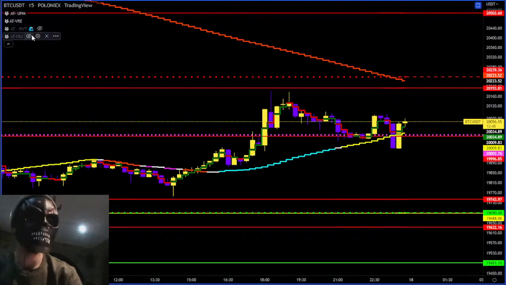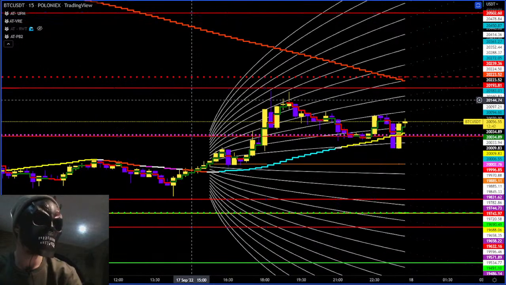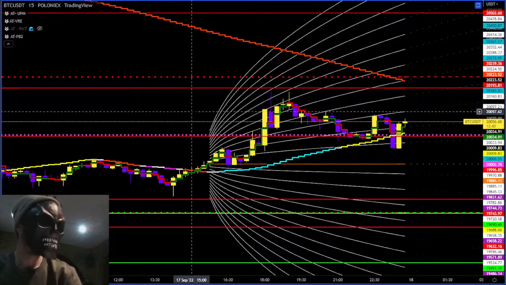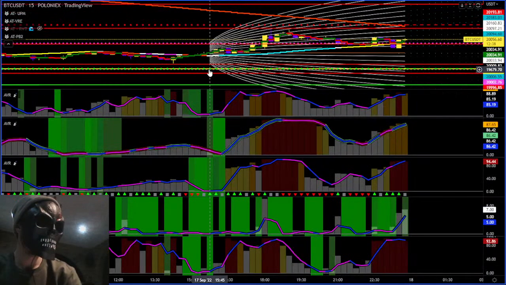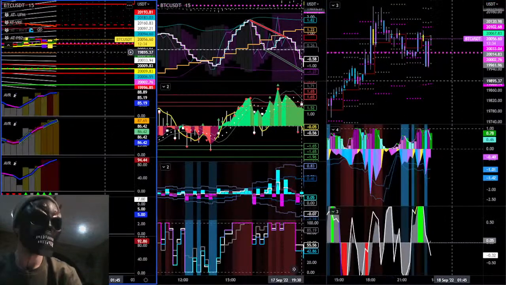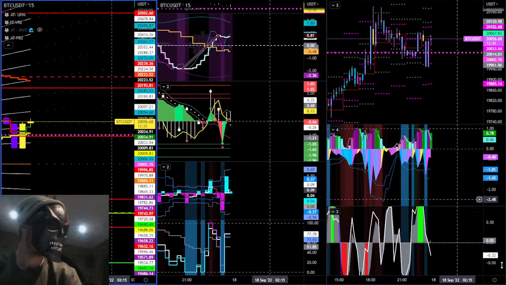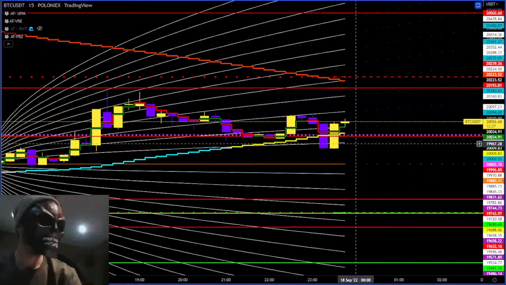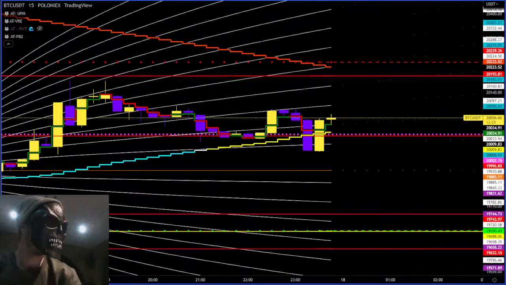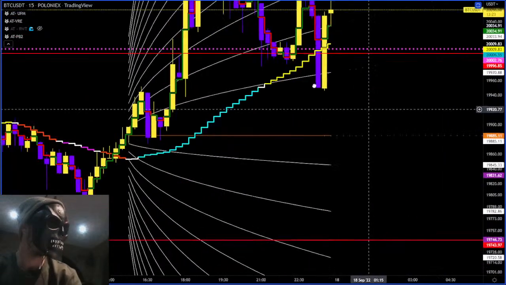so y'all can have some data. Contraction. Mean reverted. We're looking for a pullback into the new daily mean.